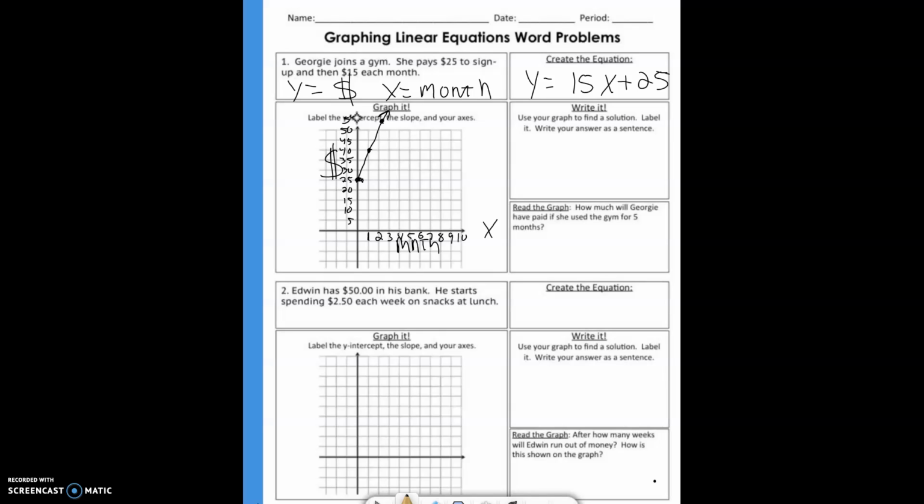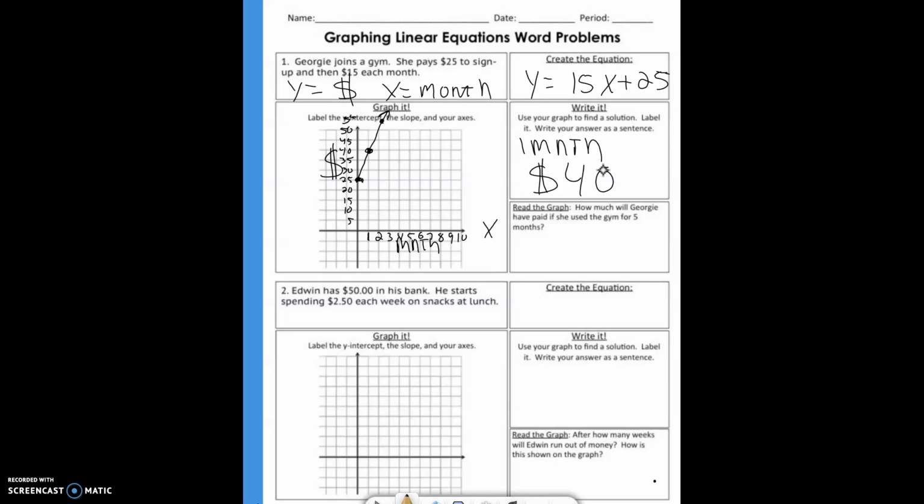Now, if I used the graph to find a solution, let's say after 1 month, if I use my graph to take a look, we're talking about 40 bucks. Now, it says how much would Georgie have to pay after 5 months?